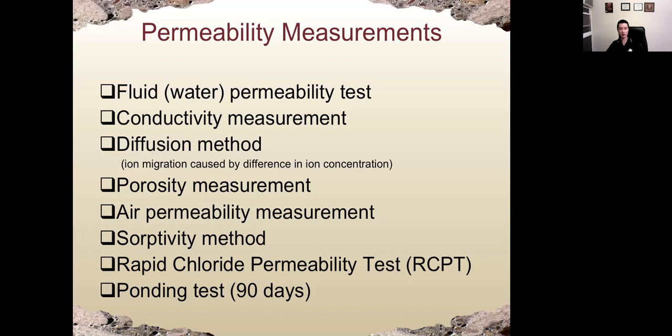We can measure diffusion of ions in concrete, and measure porosity, air permeability, the sorptivity method, or the so-called rapid chloride permeability test, or RCPT test. This test is very commonly used to measure concrete permeability. Some other tests, such as the ponding test, are also available. So let's look at some of these measurements for concrete permeability.